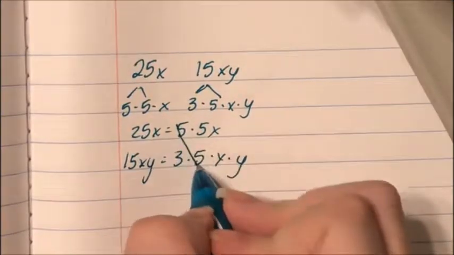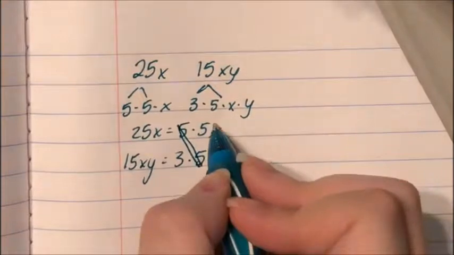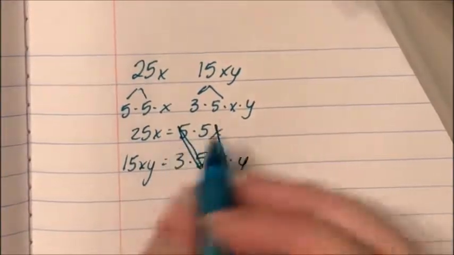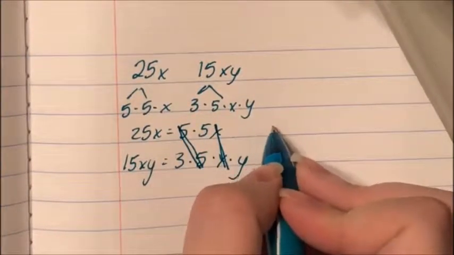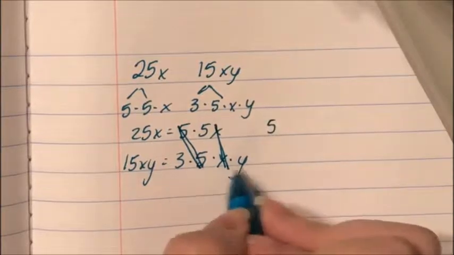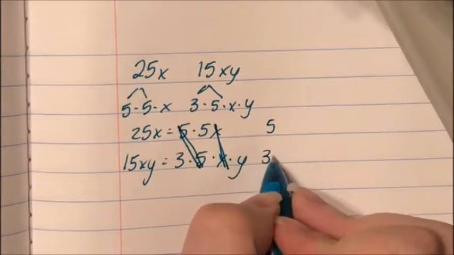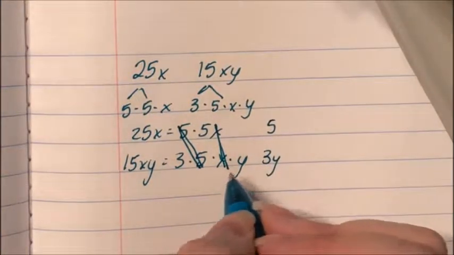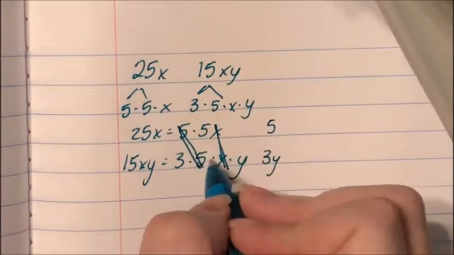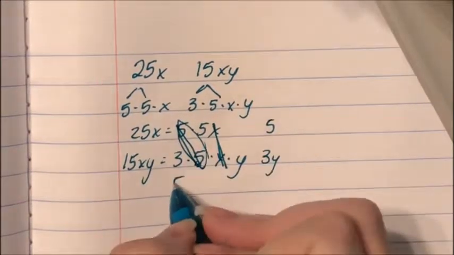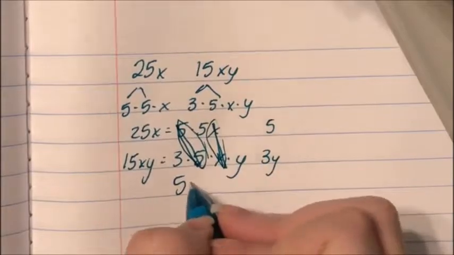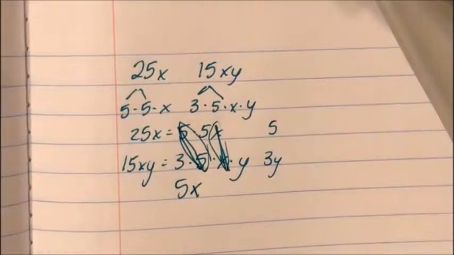Well, they both have a 5 in common, and they both have the x in common. So this one I'm left with 5, and this one I'm left with 3y. So my GCF, I took a 5 out, and I took the x out, so my GCF is 5x.